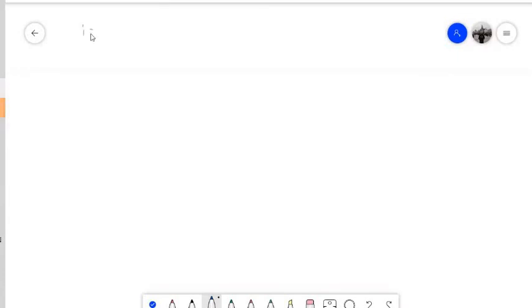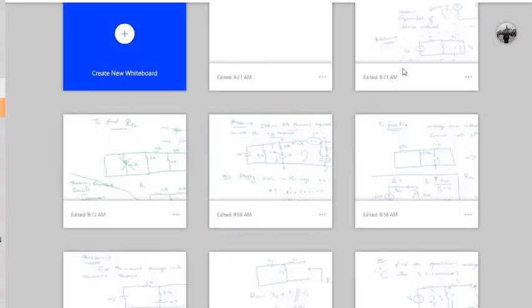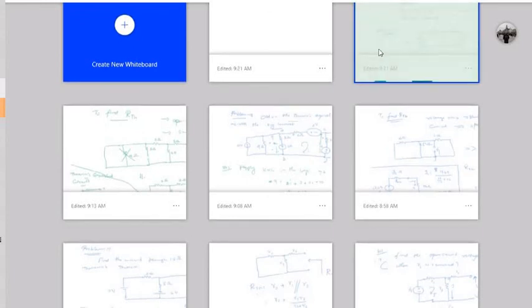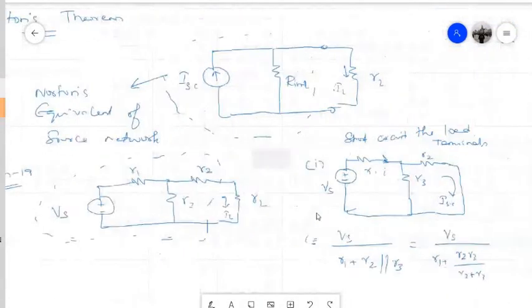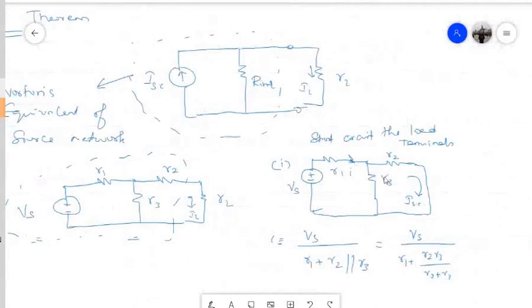Now I is already known to me from the previous step. So from I, how will I get ISC? I can use the current division rule. That will be the total current I into the other branch resistance, that is R3, divided by the total, R2 plus R3.